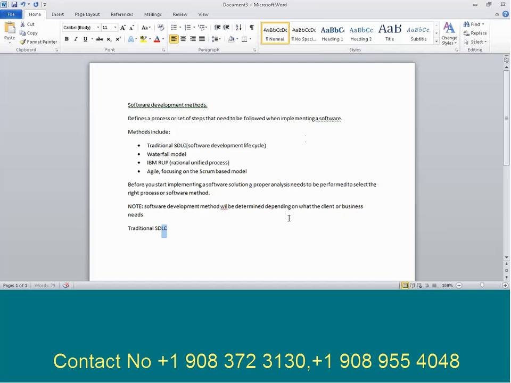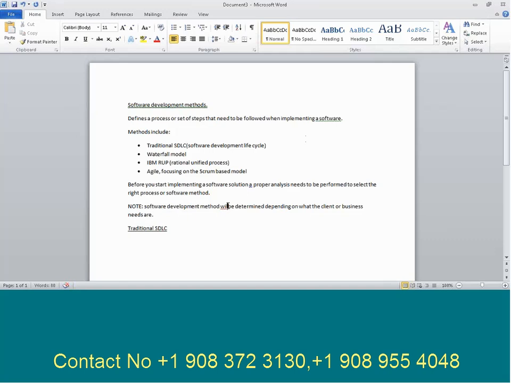These steps need to be followed in a particular way to get your software developed. I'm going to list out all the phases, and we will discuss each and every phase in minute-level detail. Okay.